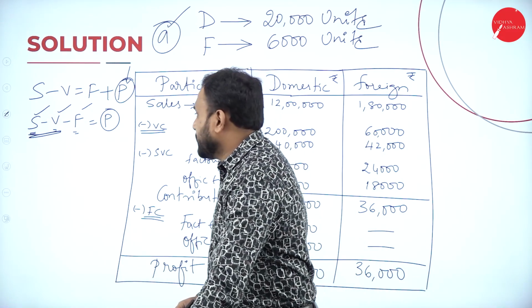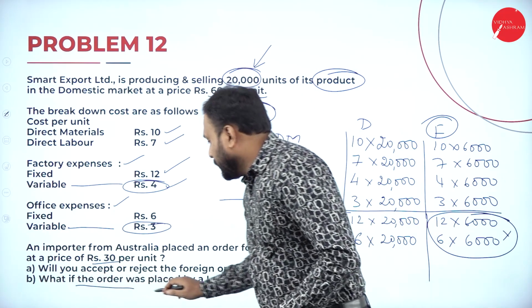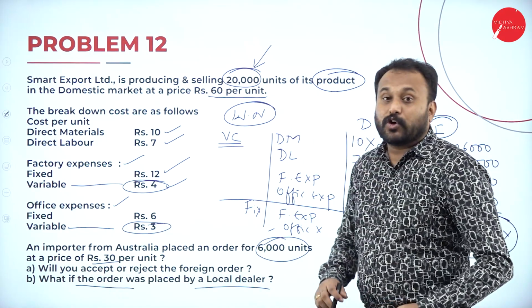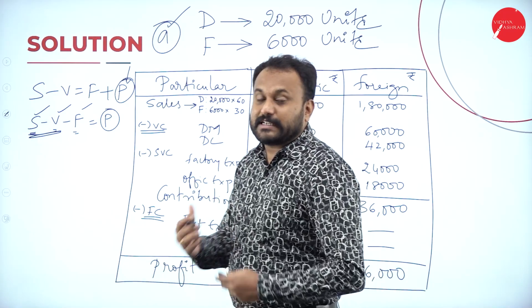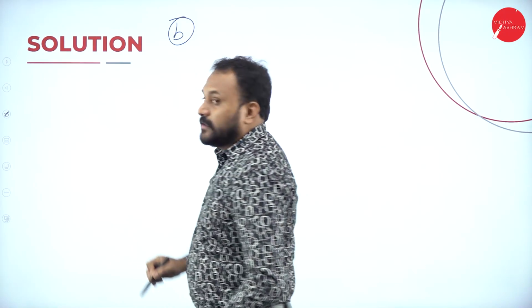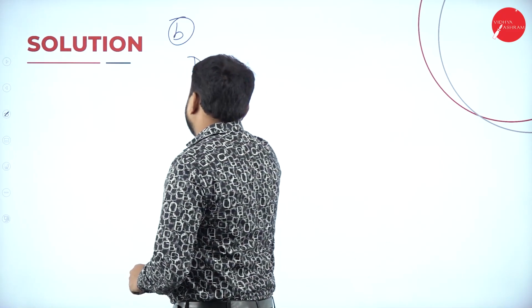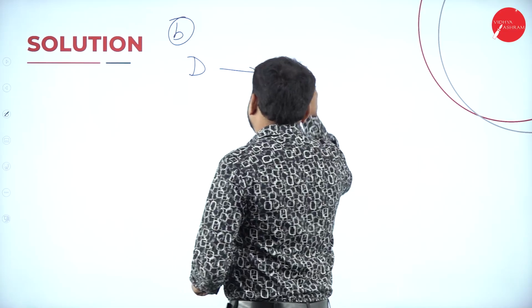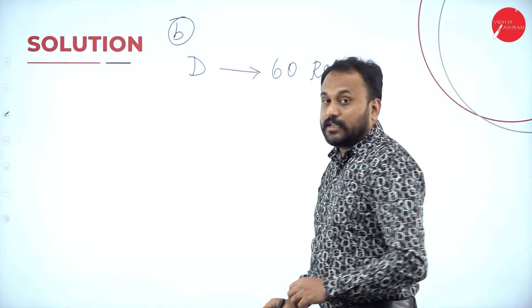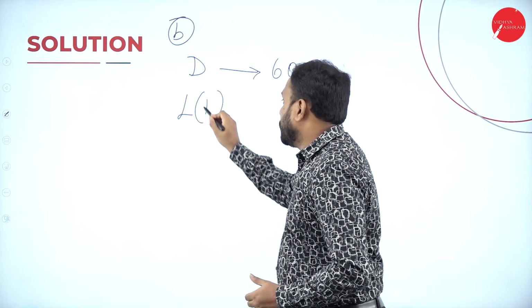So let's go with the next question, that is question number B. What if the order was placed by a local dealer? Now for that, what exactly you are supposed to do is, write down here, B. Now understand, local person. Now in the domestic, I'm selling for 60 rupees. Now the local person, when I say local person, again he's also domestic.